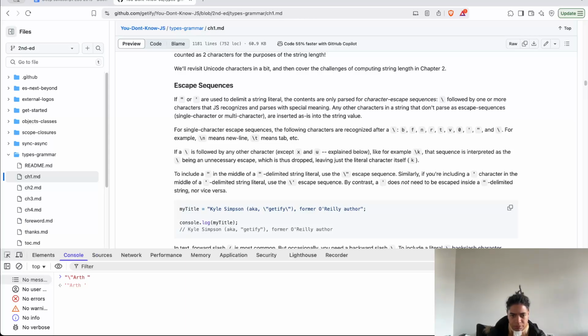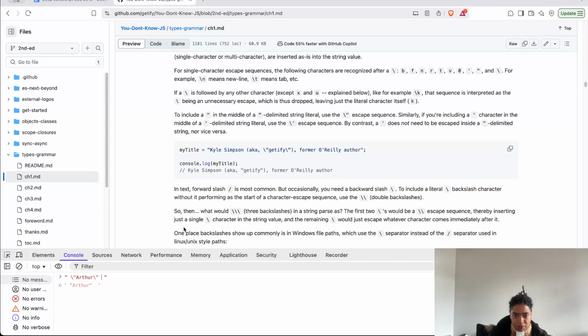Because I need to escape that again. I need to escape that. Again, that's interesting. So anytime that I want to escape this particular character or another one, I need to use this escape character. There are other escaping characters that are now escaping.